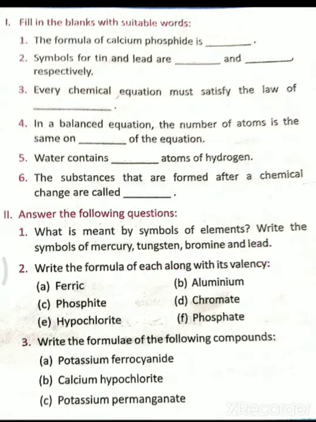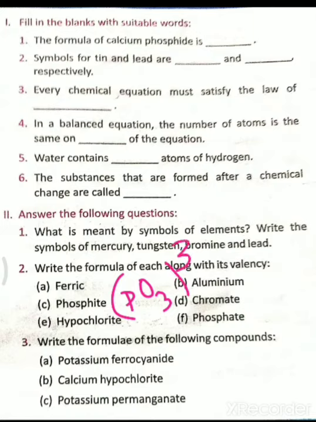Then write the formula of each along with its valency. The formula of ferric is Fe, and with the valency it will be Fe3+. Then phosphate, it is PO3 and the valency is 3.